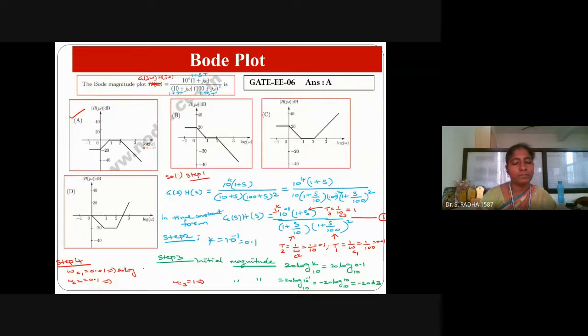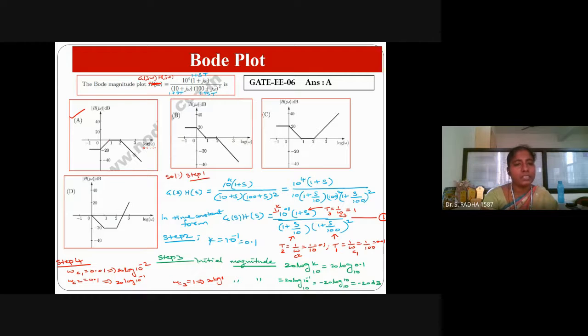20 logarithm 10 power minus 2, 20 logarithm 10 power minus 1, 20 logarithm 1.